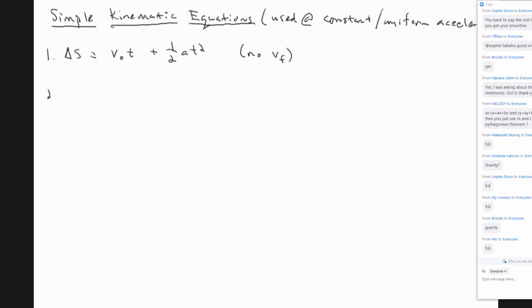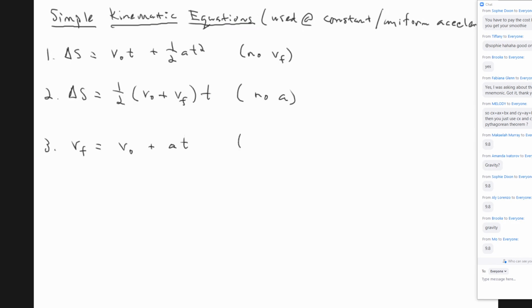Second equation: change in displacement is equal to 1/2 times V initial plus V final, times time. And we use this equation when we're not given an acceleration. Third, V final is equal to V initial plus acceleration times time.